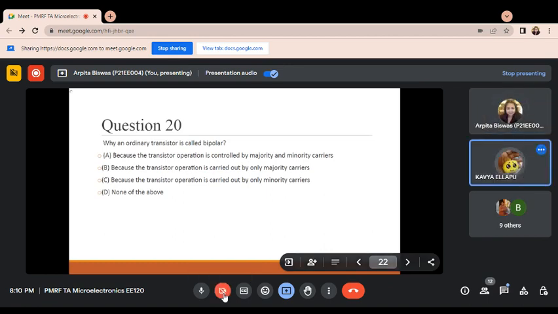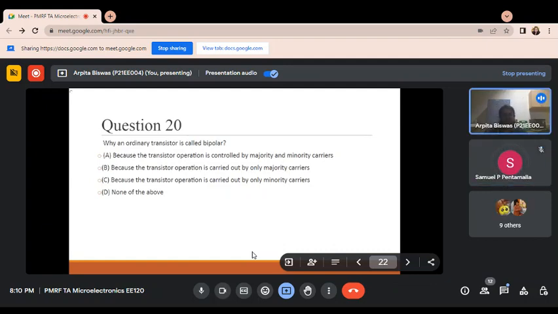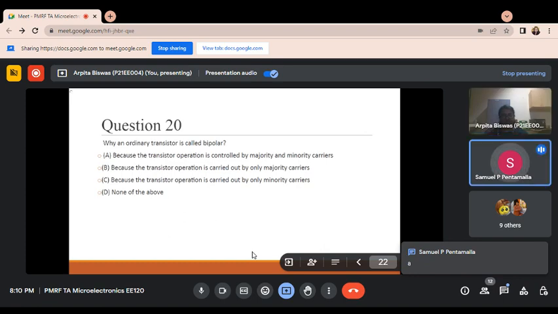Option A, ma'am. Yes, option A. Can anyone explain it a little bit? In a BJT, the total current will be the addition of the current due to majority carriers and minority carriers.